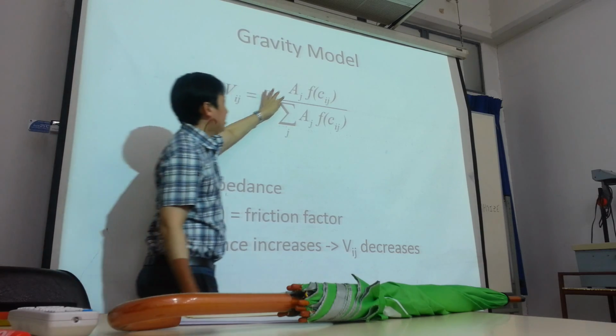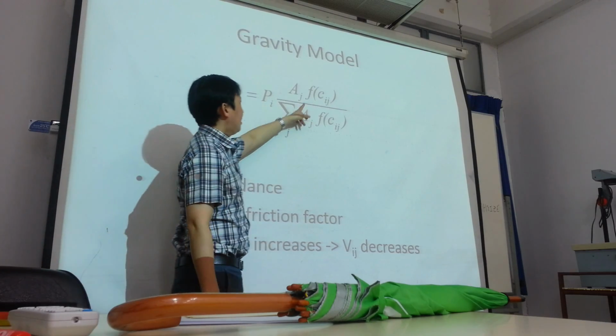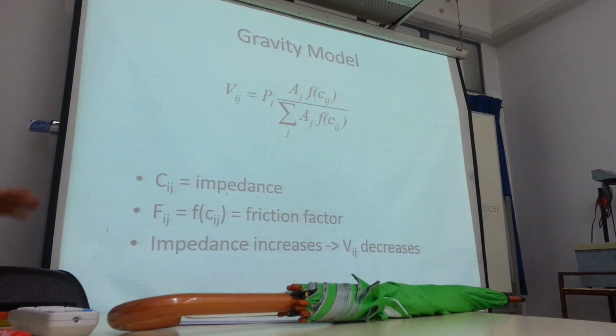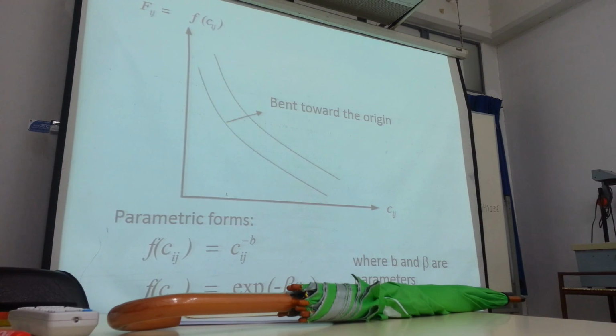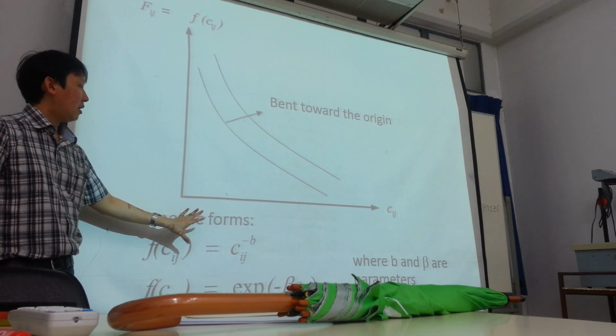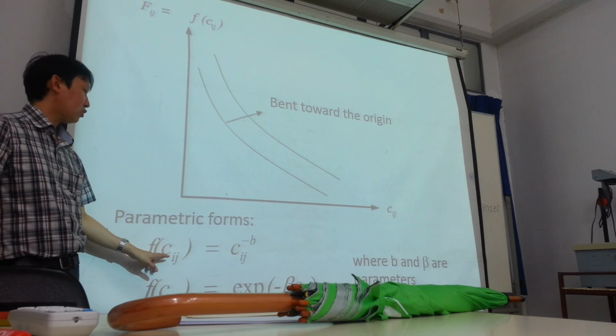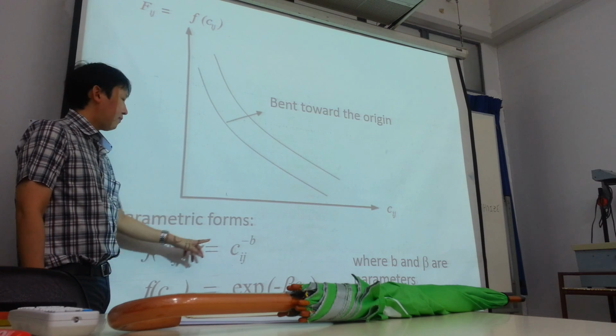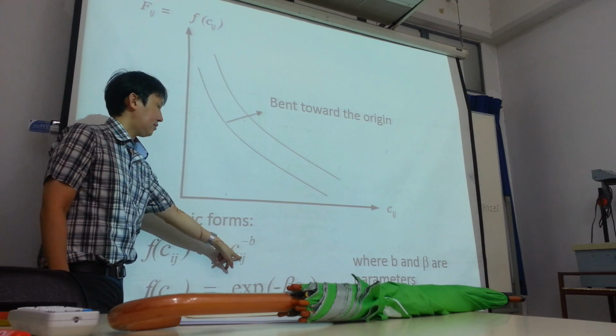If we know this, then we can develop the non-parametric friction factor. This is the calibration problem. This other one is the parametric function, because we have parameter b, where the friction factor is the inverse of this.